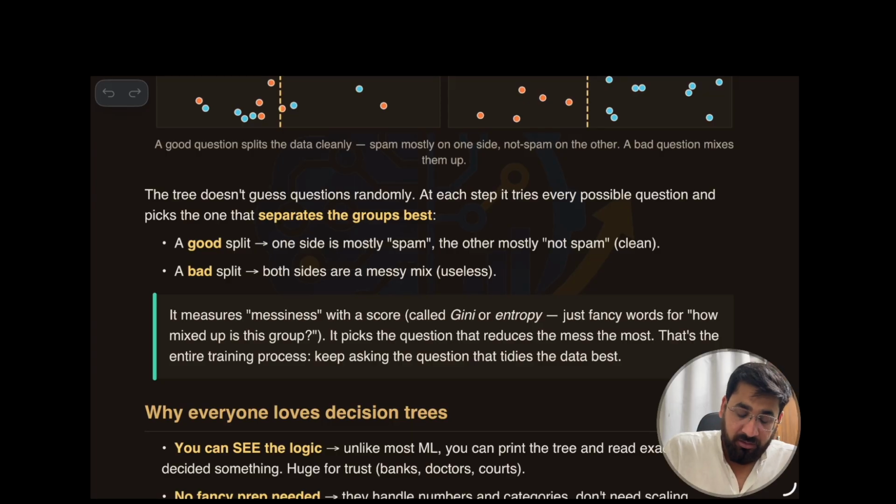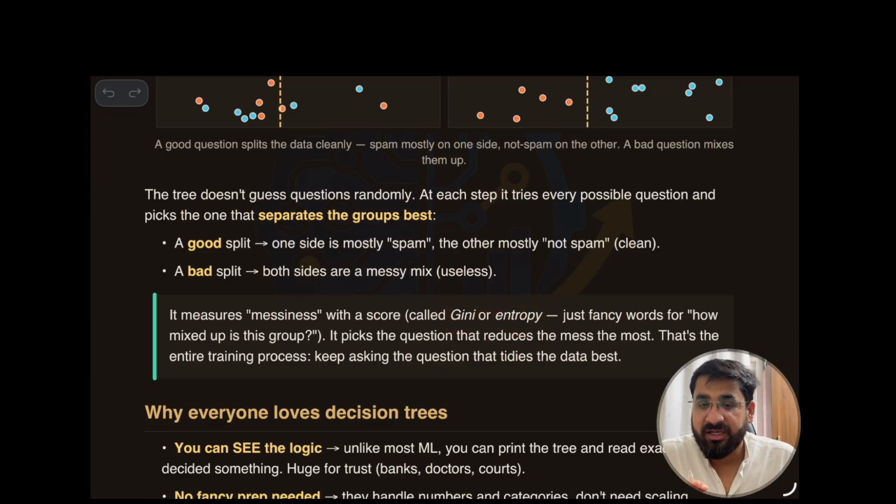Okay, now the question is, on what parameter, on what measurement, do we decide that this is a good split and this is a bad split? For that there is a term called Gini, or it is also called entropy.